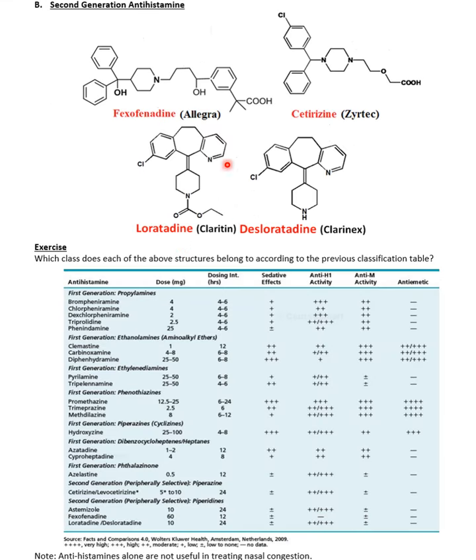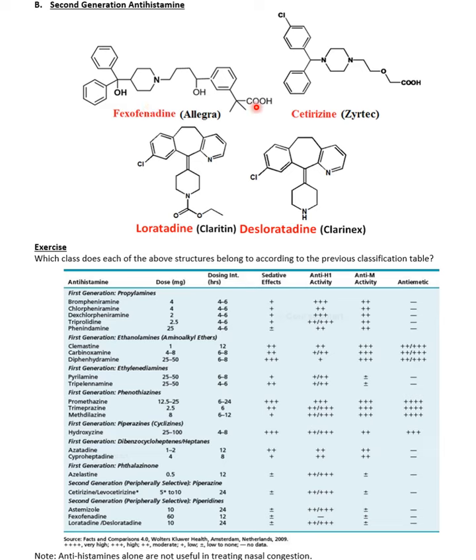Okay, so here comes the second generation antihistamine. Let's see how these structures are different from the ones before. The main difference you would notice is the size of these molecules. They are larger than the molecules we had in the first generation, which makes them more difficult to cross the blood-brain barrier. Another thing is that they are more polar.